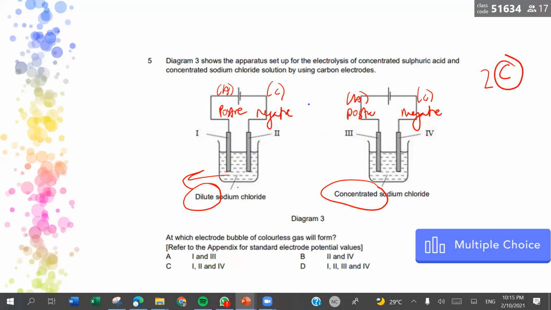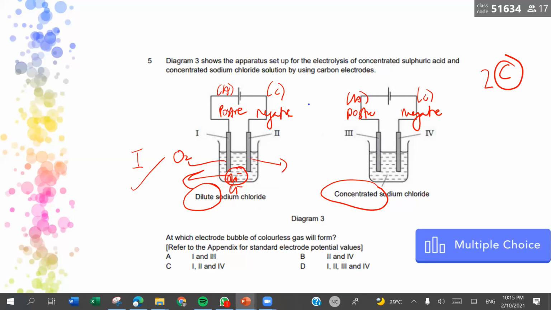Okay, so for here, the first one here, this is my anode. In my anode, teacher got OH minus and Cl minus. Teacher will obviously choose OH minus because of the factor of SEP. So here, if I choose OH minus, obviously I'm going to get oxygen gas. Correct? Yes. So I'm already going to get the first one here, colorless gas. Okay, let's go to the second one.